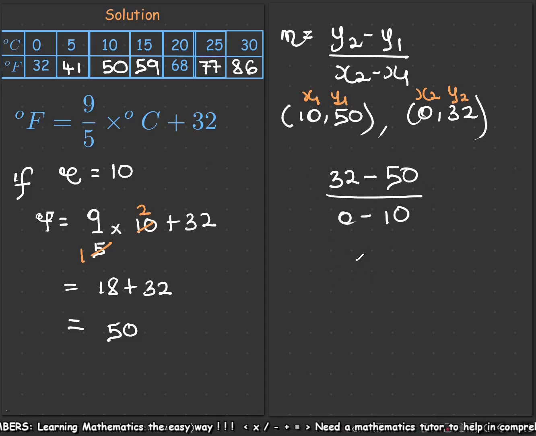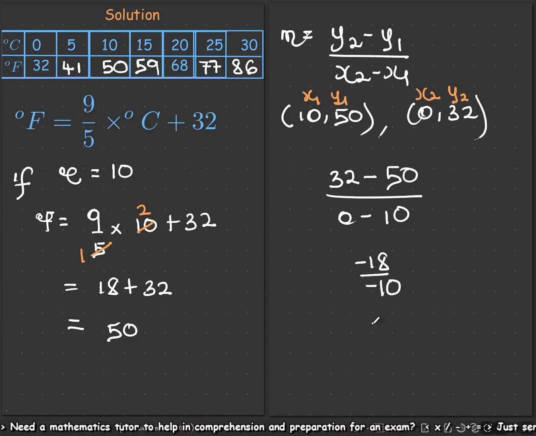This is going to give you a negative. So negative 18 all over negative 10. Then we can cancel out the negatives so that we have 18 over 10. 18 over 10 then gives us what?